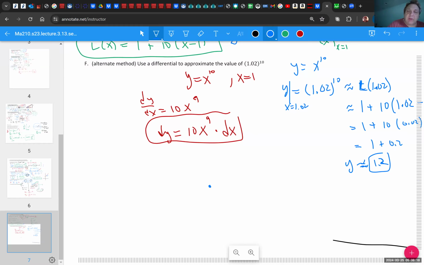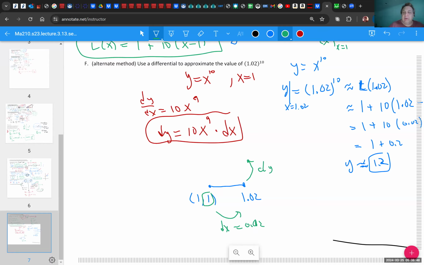So we're starting at the point where x equals 1 and y equals 1. We're nudging over to 1.02. That means the change in x, the differential in x, is 0.02, because from 1 to 1.02 you can just subtract. Now we're looking for the differential in y. y started at 1, and it went up.